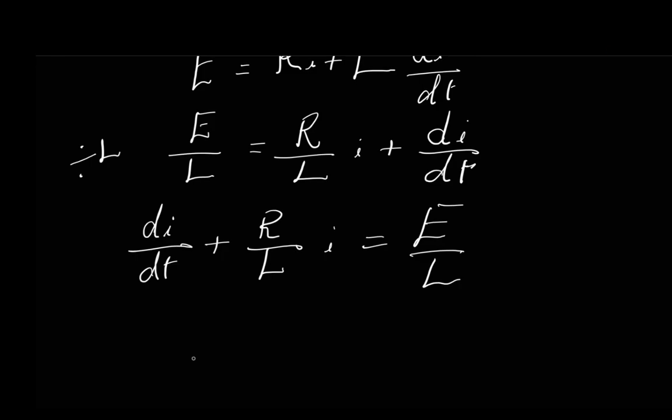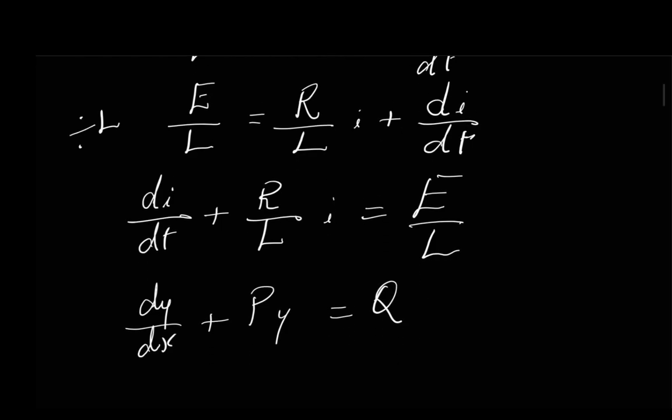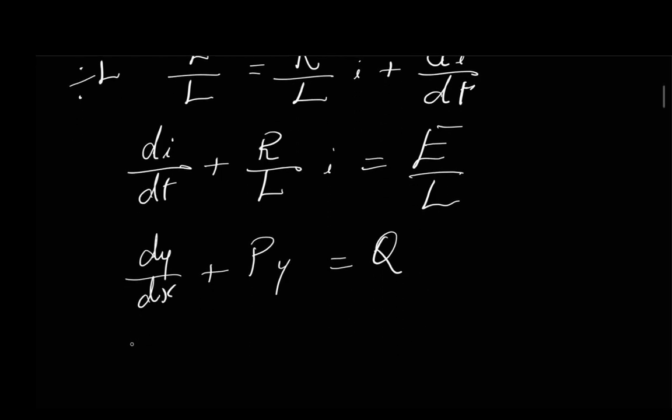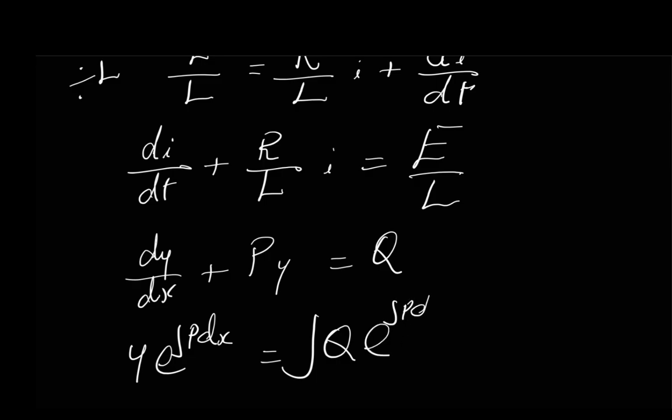Actually this is a linear differential equation in the form dy/dx + Py = Q. The solution for this equation is y e^(∫P dx) = ∫Q e^(∫P dx) dx + c.